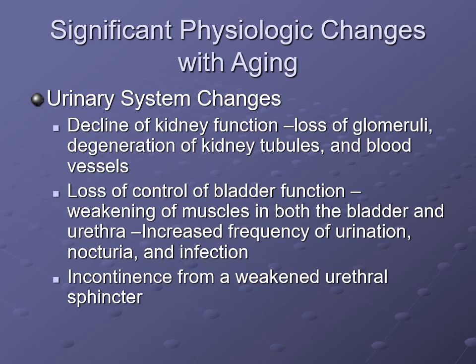Loss of control of bladder function as the muscles of the urethra and bladder become weaker. This reduces bladder capacity, and incomplete bladder emptying results in increased frequency of urination, nocturia, nighttime urination, and infection. Sometimes a weakened urethral sphincter results in incontinence.